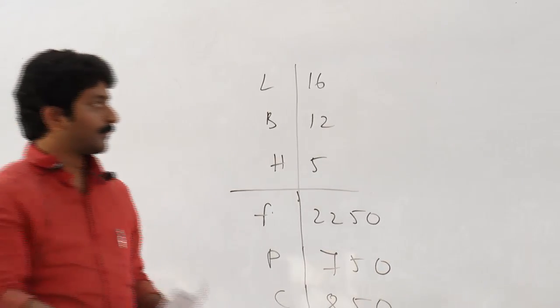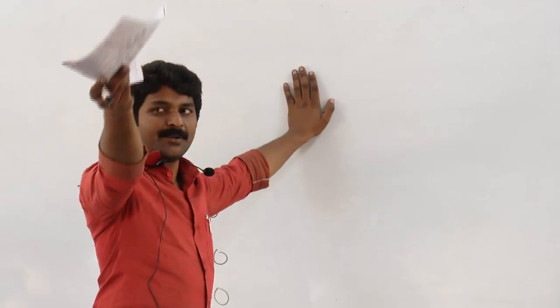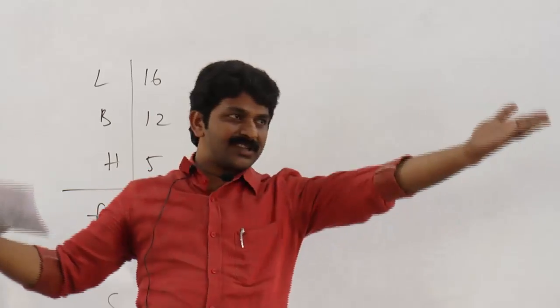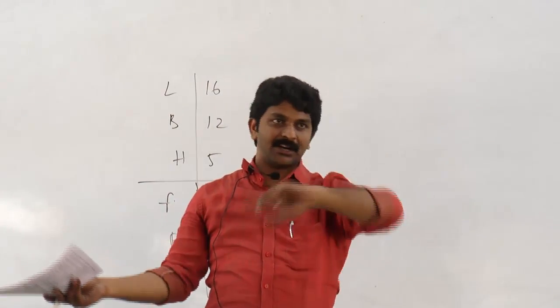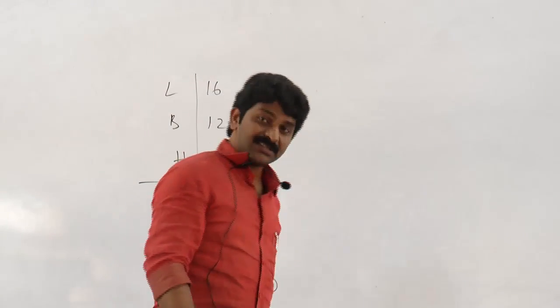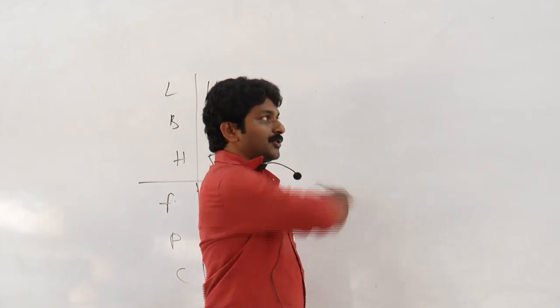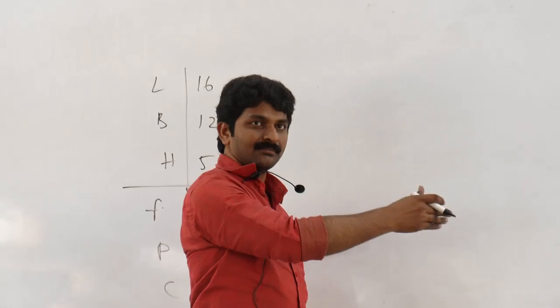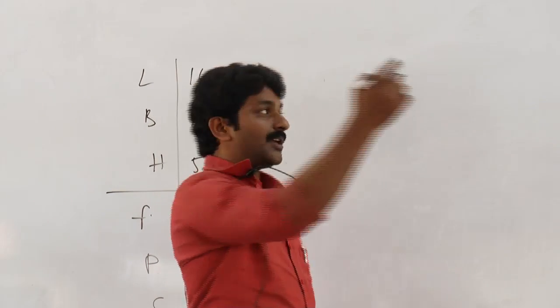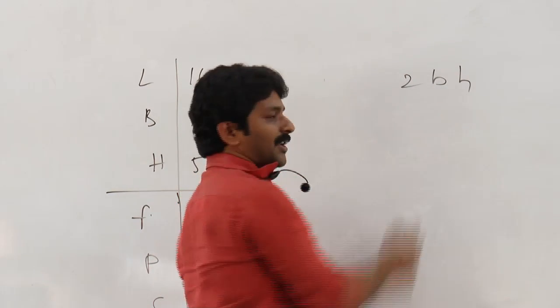Let's give order. First wall opposite side, second wall left side, right side, third and fourth. What is this? Breadth. And this one? Height. So this wall area is BH. Opposite side? BH. Total 2BH.